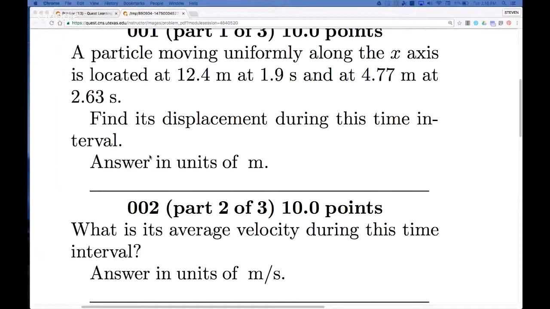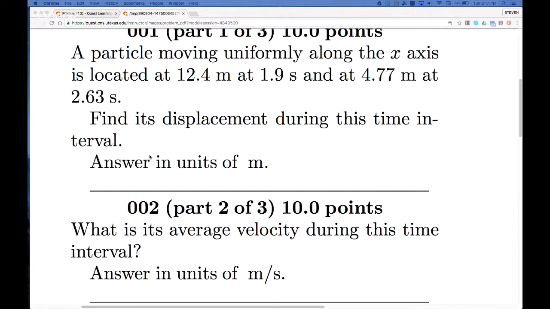So average velocity is going to be equal to your delta x divided by tf minus ti. I did that because we've already figured out delta x, so we don't need to redo that. It'll be negative 7.63 or whatever you find out for your value.